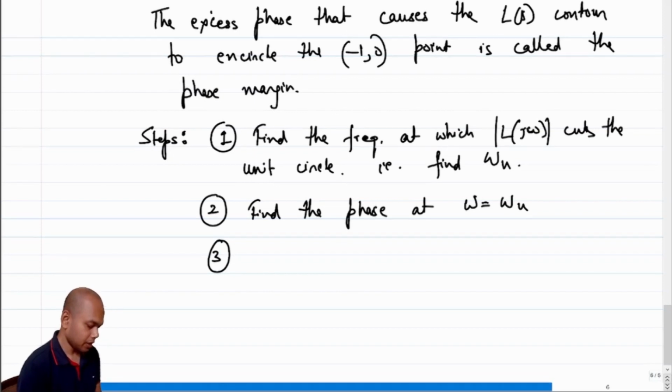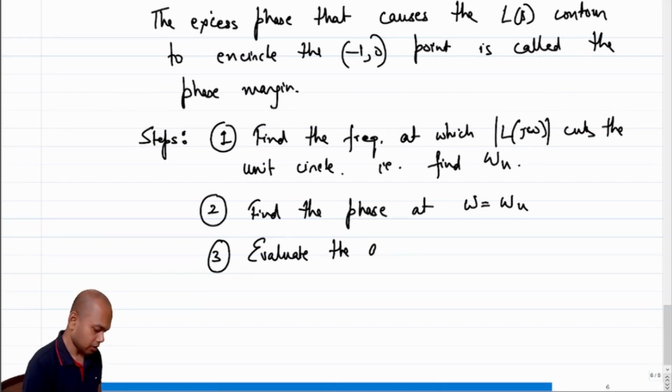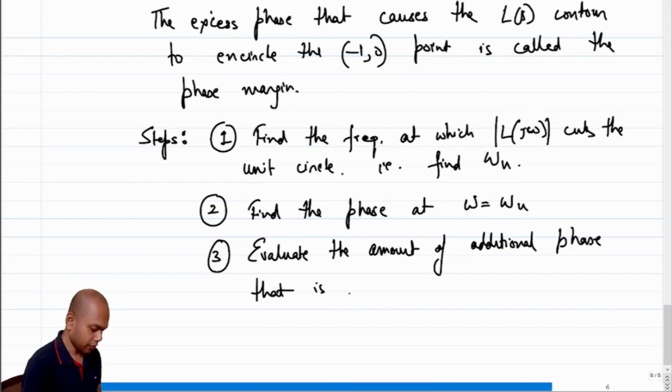Step 3 is evaluate the amount of excess phase, or amount of additional phase, that is required for encirclement.